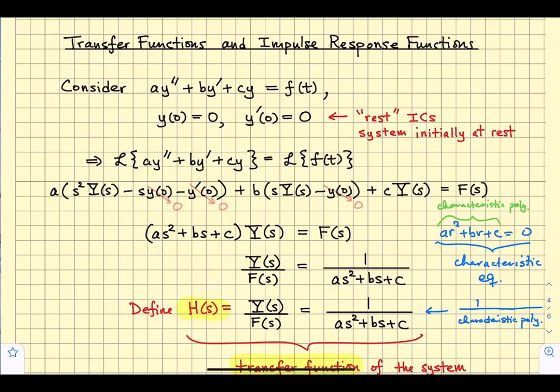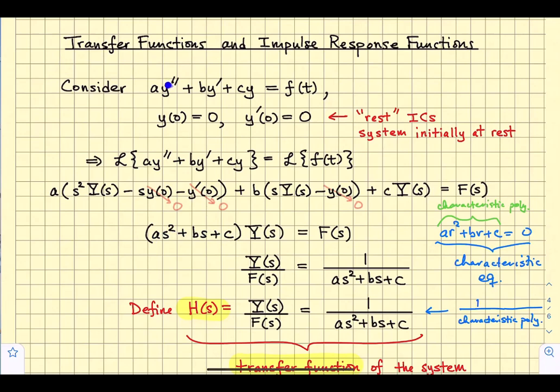I don't want to solve for big Y of s. I actually want to solve for the ratio of big Y of s over big F of s. So when I get to this line, we're used to solving for big Y, but here I want to do something different. I want to divide both sides by big F and divide both sides by as squared plus bs plus c. And maybe it's time to go off to the side and have a little terminology talk.